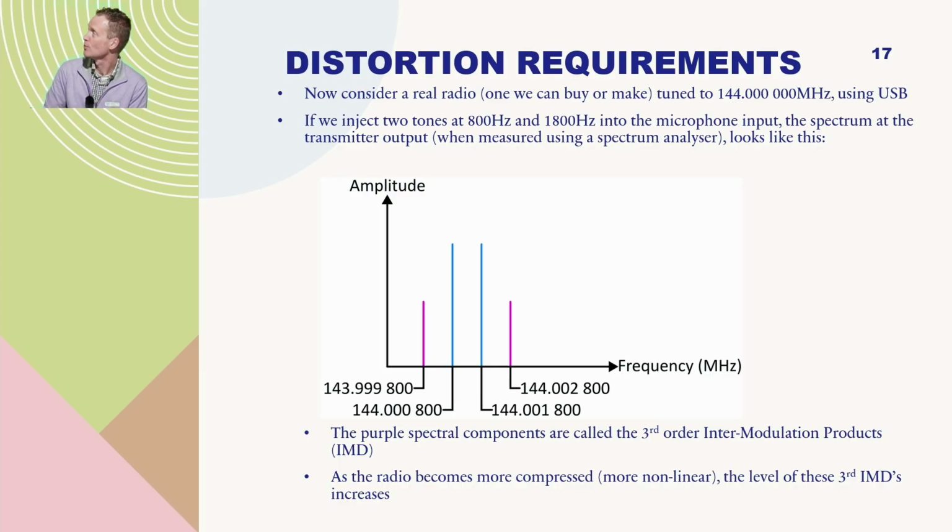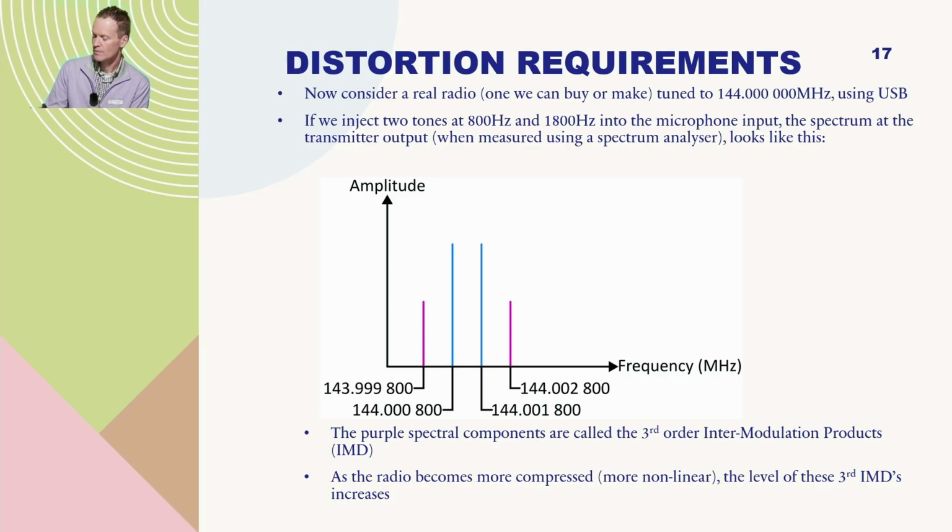However, no radio has an output spectrum that looks like that. All radios, doesn't matter how much money you pay for them, or whether you make them, buy them, whatever, have distortion. Okay, so if we were to again get a real radio this time and inject 800 hertz and 1800 hertz tones into the microphone input, and then have a look at the spectrum, it would actually look something like this.